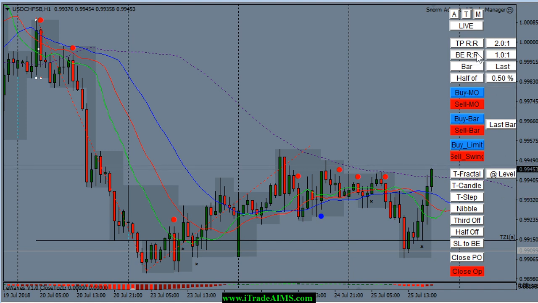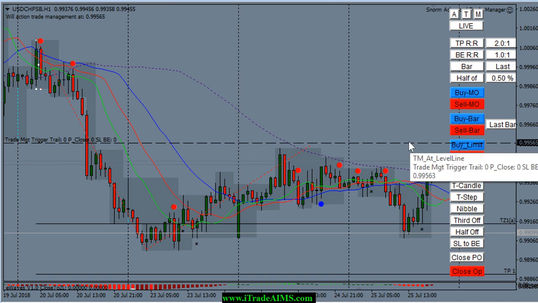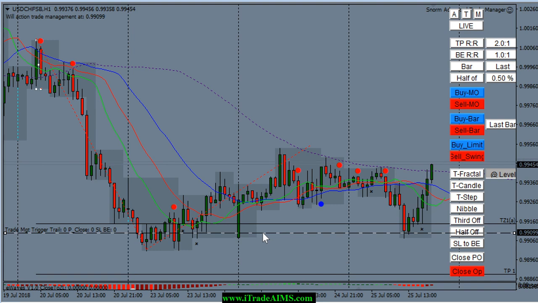So for example, normally you have a BE based on RR, 1 ratio R, so it will give you an automatic BE. But if you want to have yours, like for example mine on this level, I would click the at level, which would bring the at line. And I can bring the at line to this level, for example. And then any button from here, the white ones I can press, it will do that.